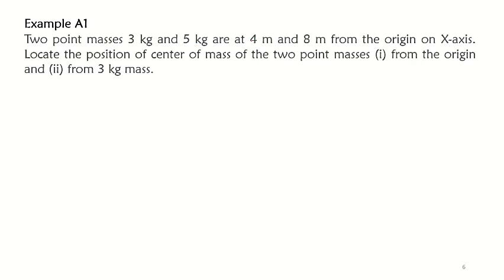The position of the first particle from a predetermined point, the origin, on the x-axis, is 4 meters, while the position of the 5 kg particle is 8 meters. The question is, we should determine the center of mass from the origin and also from the 3 kg mass.